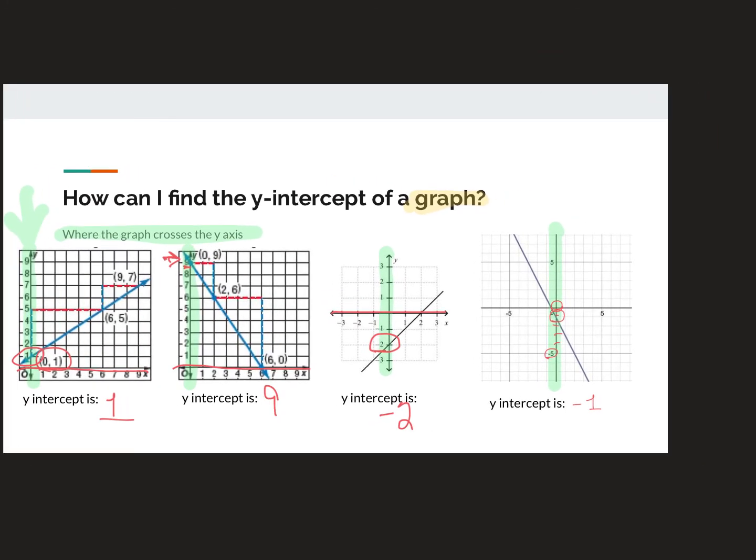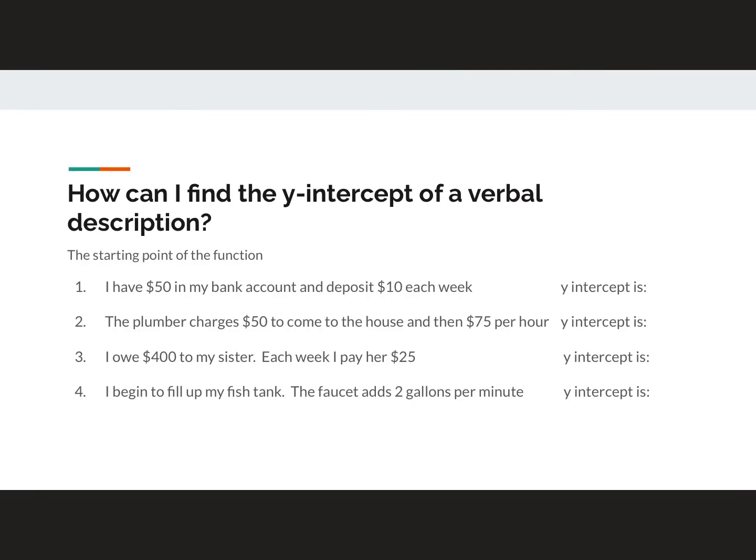Okay, now let's look at the last way that we might see. What if I have a verbal description? This is when they tell us with words. So in this case, we're looking at the starting point of the function. Where does it start? So the first one, I have $50 in my bank account and deposit $10 each week.